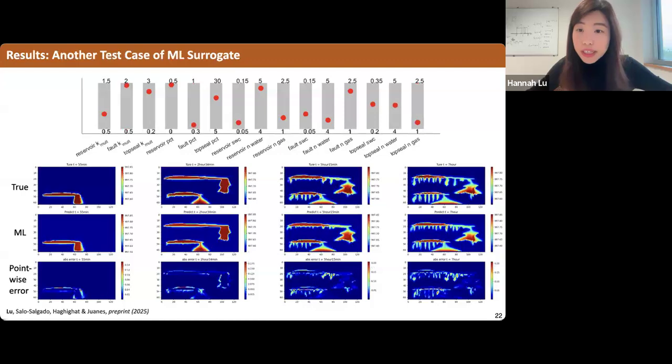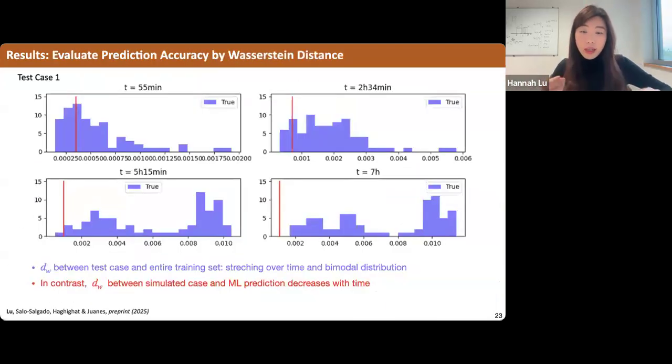And just to quickly show you another test result where we have a similarly good match, but very different plume features, as you can see here. And now we have the histogram of the Wasserstein distance between the test case and all the simulations in the entire training data set at four different representative times, shown here in the blue bars.